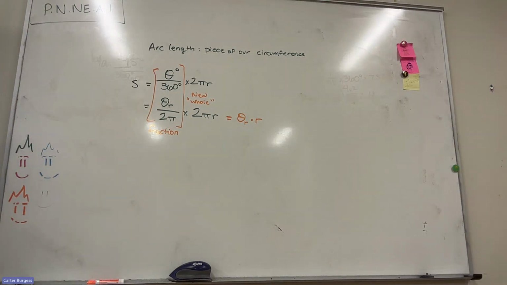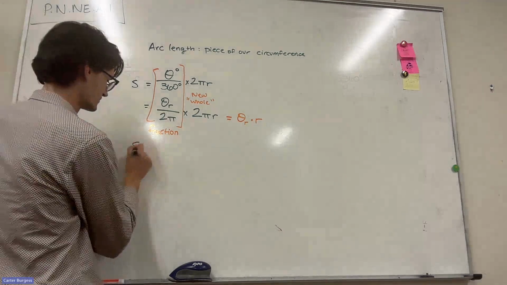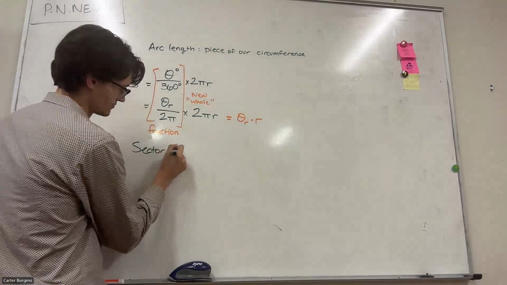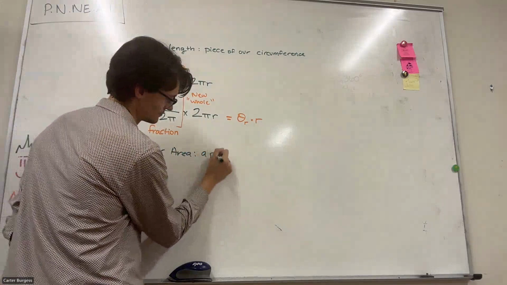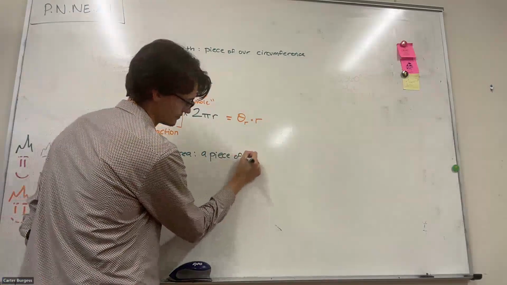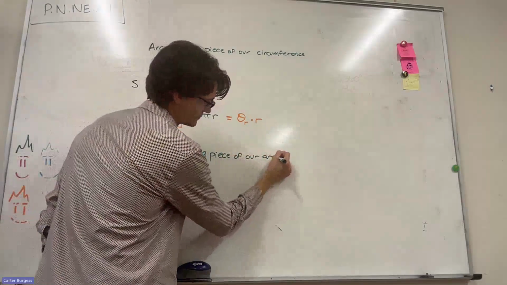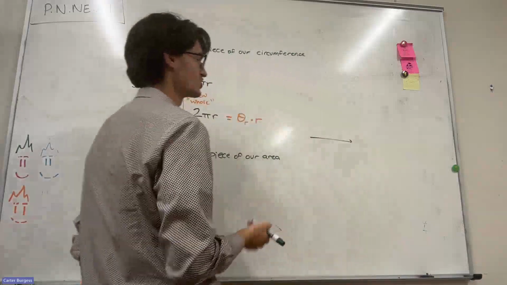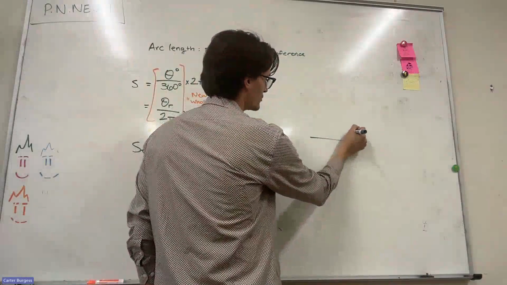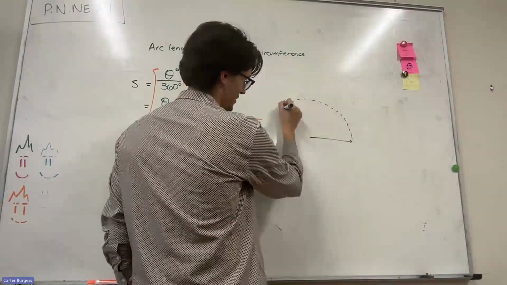If arc length is a piece of our circumference, sector area is going to be a piece of our area. So thinking we've got our start point here, we rotate all the way around.